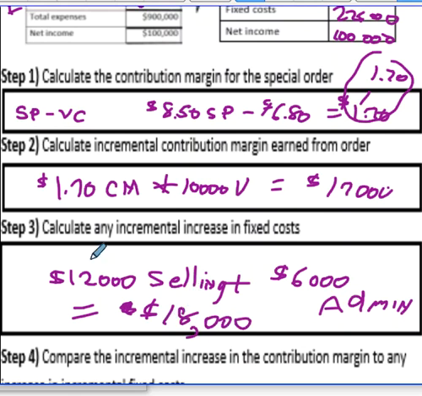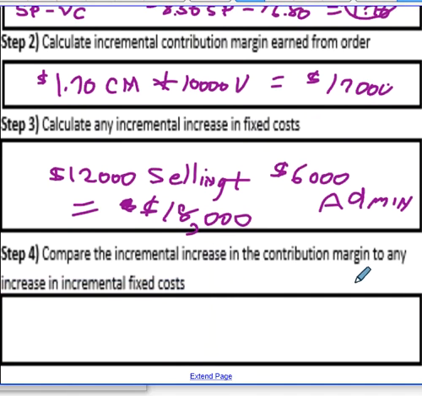So now I've got to determine whether or not my incremental increase in my contribution margin is adequate to offset my increase in any fixed costs. And here what I show is my increase in my contribution margin is equal to $17,000, which I got from step number 2.